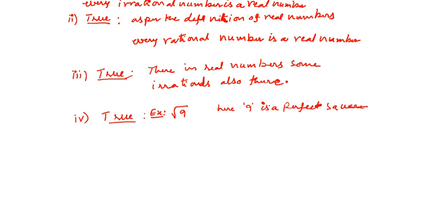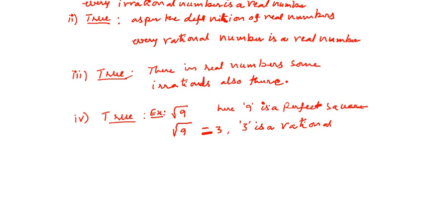What is the value of root 9? Root 9 gives us 3. That means 3 is a rational. The statement, what is given? If n is a perfect square, root n gives us a rational. So that is a true statement.